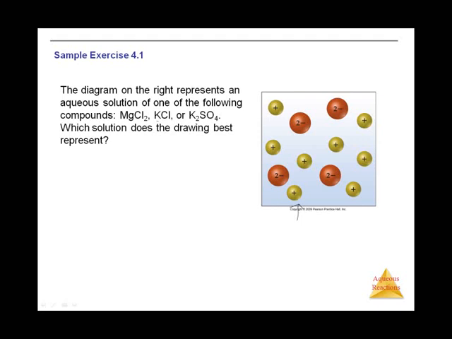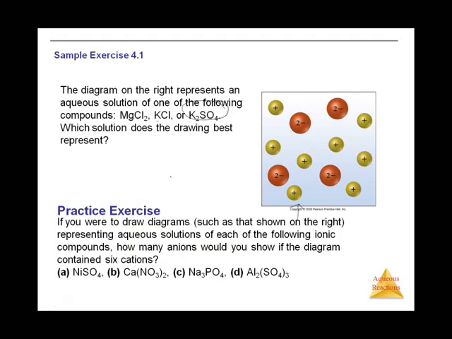And we've got a negative 2 ion, which has got to be the sulfate, so this has to be what I have. I can also check that I should have 2 positives for every 1 negative ion. 1, 2, 3, 4, 5, 6, 7, 8 positives and 4 negatives, so that works as well. You could try these on your own.